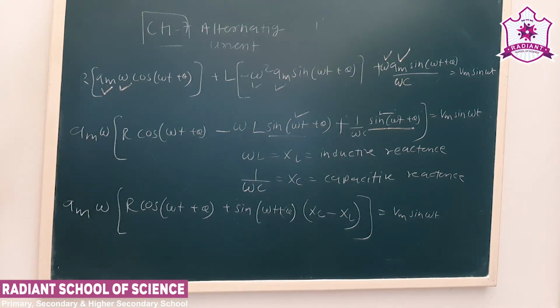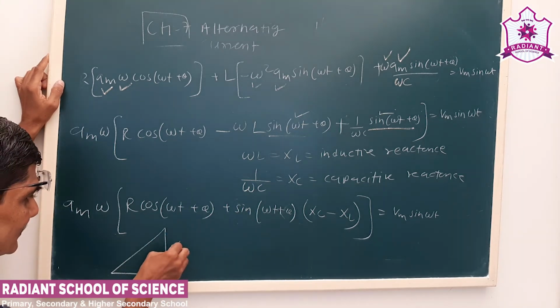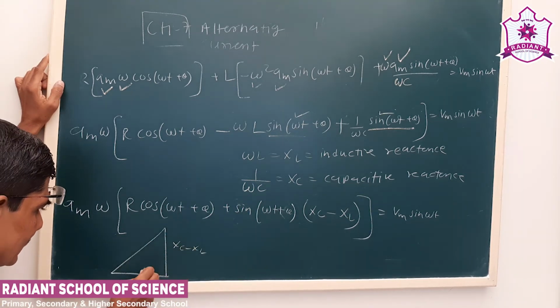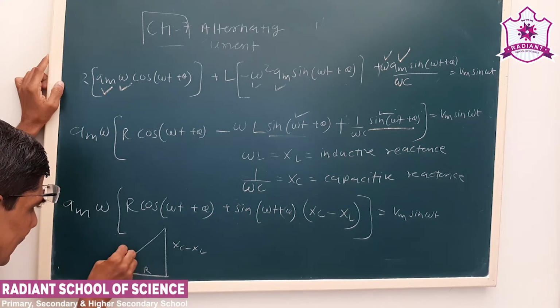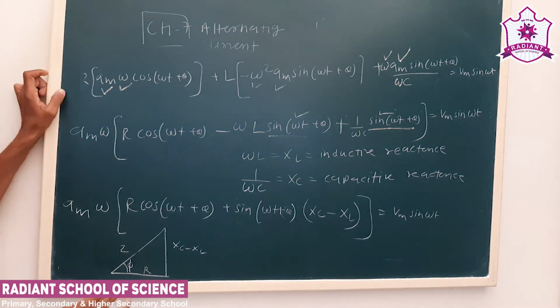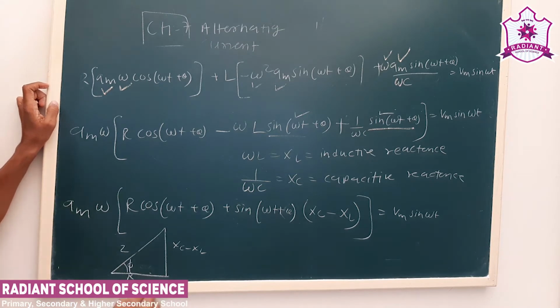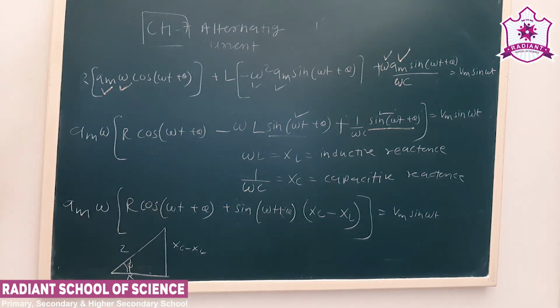Now recall our phasor. This was XC minus XL, this is R, and this is Z. This angle is phi. R is the resistance, XC minus XL, as we have seen in the previous question.